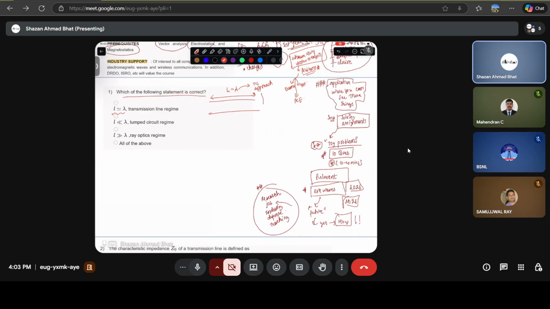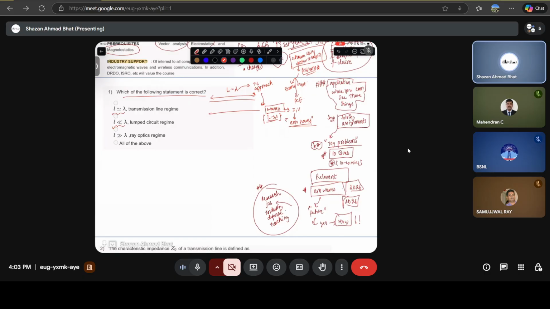You treat it in terms of waves because the length has approached the wavelength of the electromagnetic waves. So you treat the currents and the voltages as if they are electromagnetic waves propagating inside the transmission line.